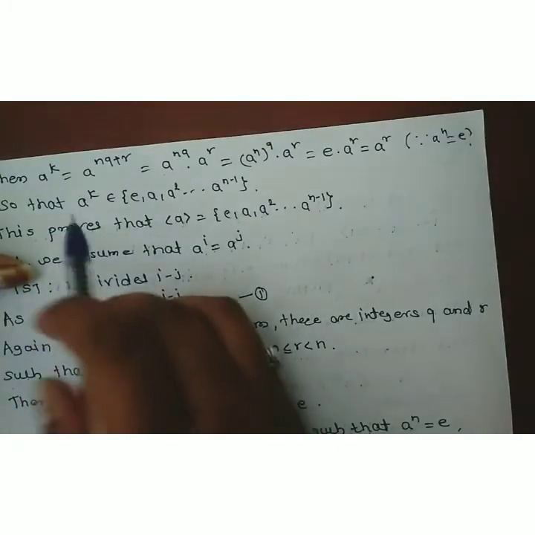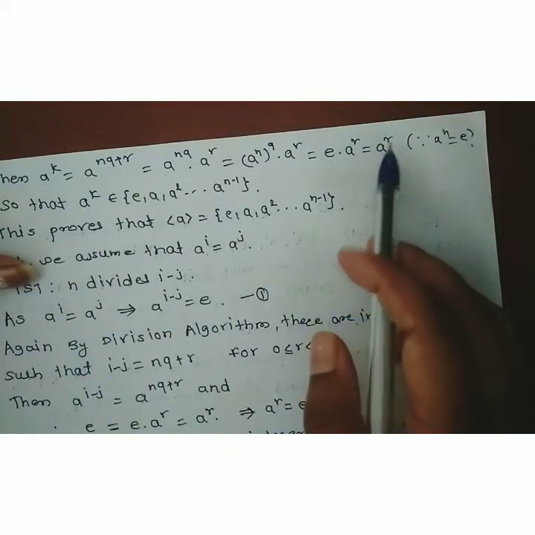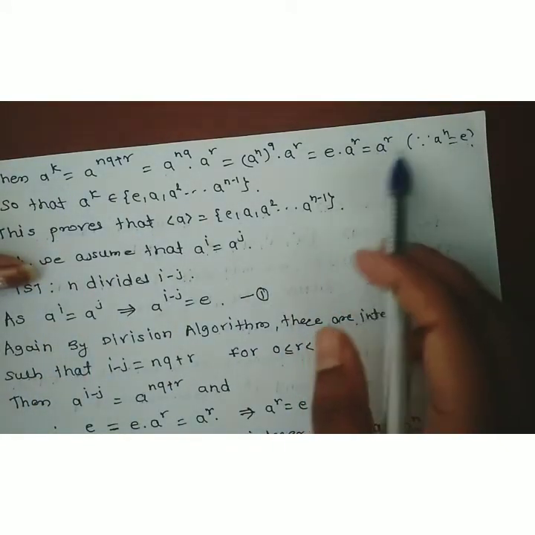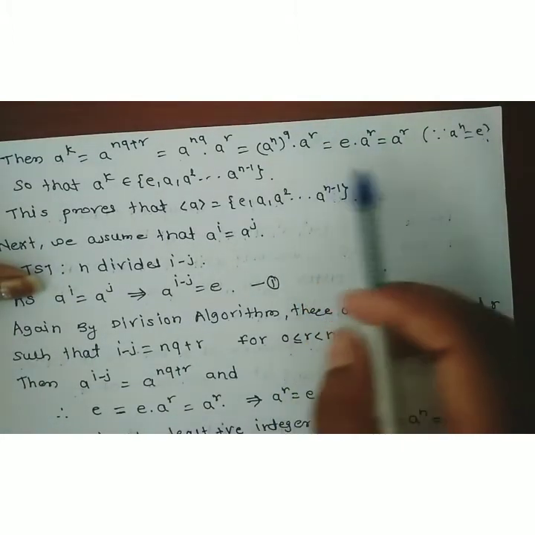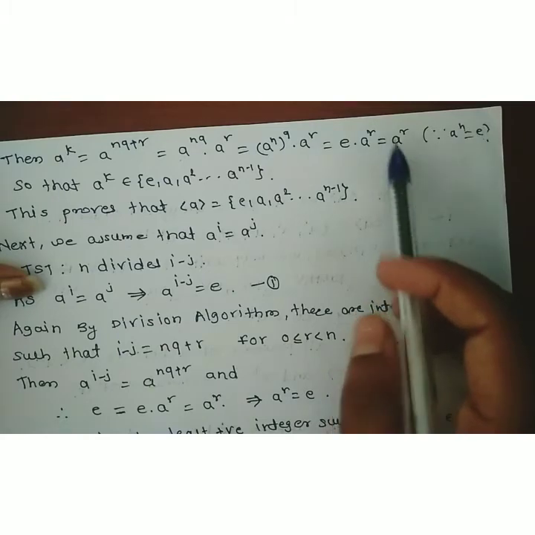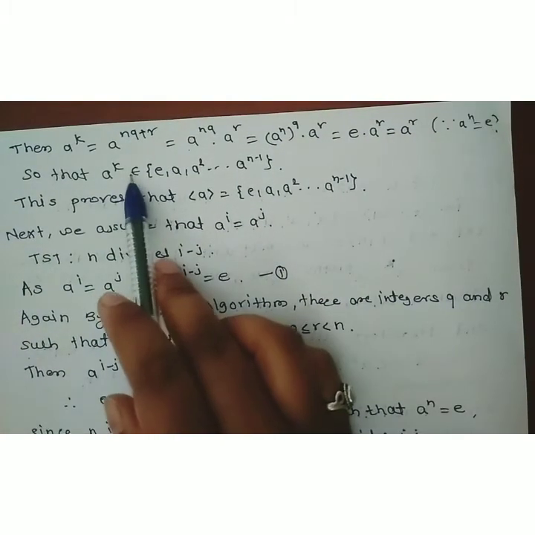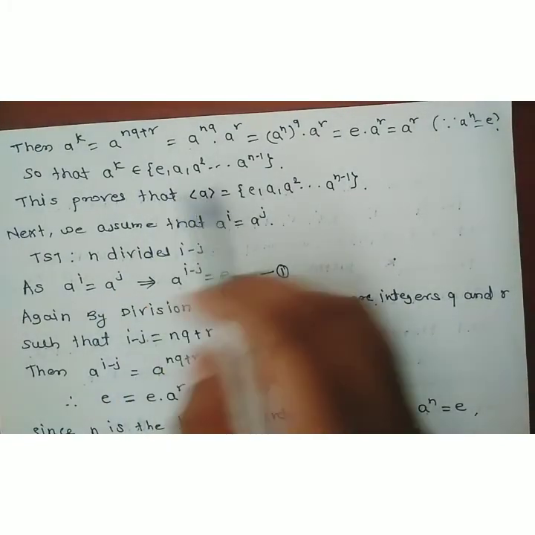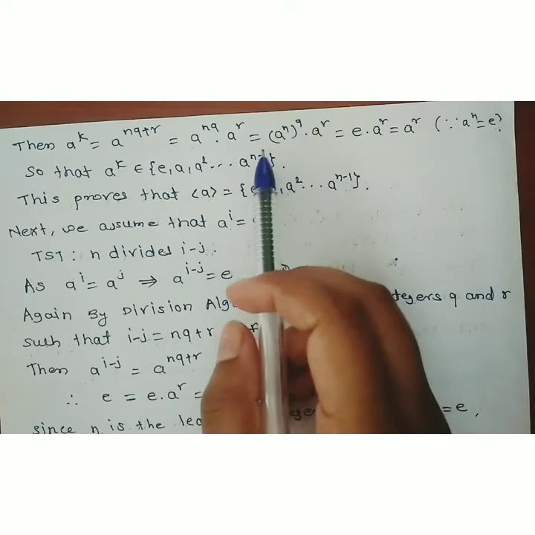Therefore this element a to the power k looks like a to some power, here that power is r; that is, every element of that group looks like a to the power r. So a to the power k belongs to the set a, a squared, up to a raised to n minus 1.